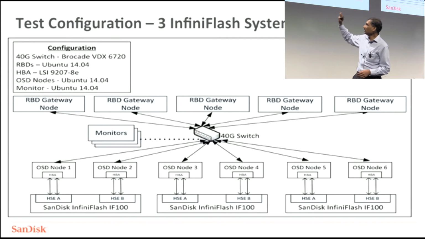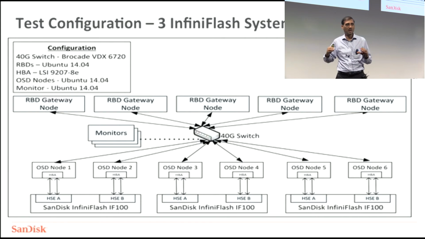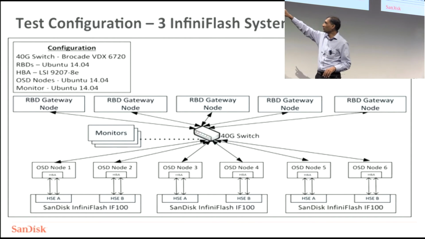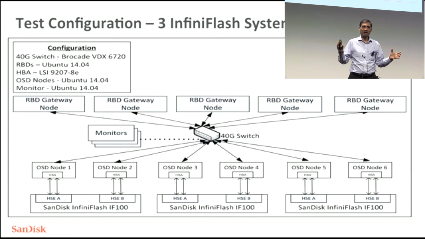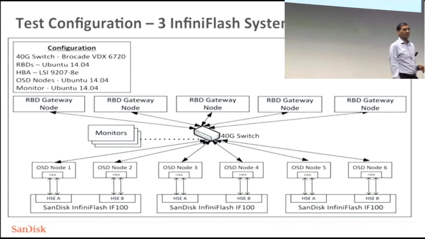By adding more nodes. What we did is that each of these InfiniFlash nodes now holds a quarter of the capacity, so each of them holds 128 terabytes. Now we have 2 OSD nodes, same as before. We're using the same servers. The key difference you need to note is that in the previous case, you had the full 512 terabyte capacity running with 2 OSD nodes and 4 clients per InfiniFlash system.